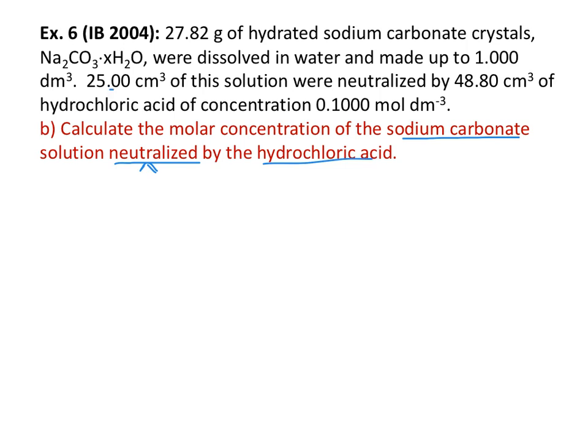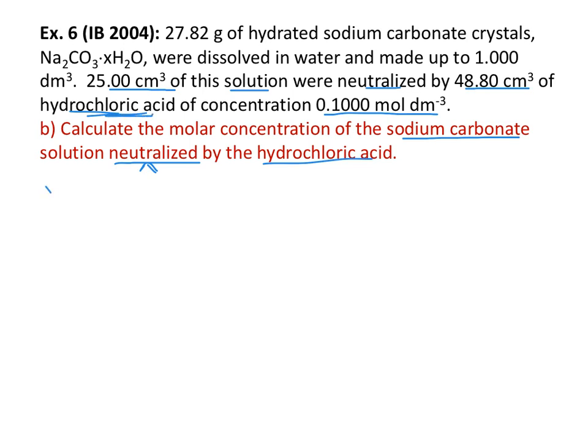So the part of the problem that I'm going to need right now is that I have 25 cubic centimeters of the solution neutralized by 48.8 cubic centimeters of hydrochloric acid with the concentration of 0.1 moles per decimeter cubed. The one substance it does tell me is the hydrochloric acid.